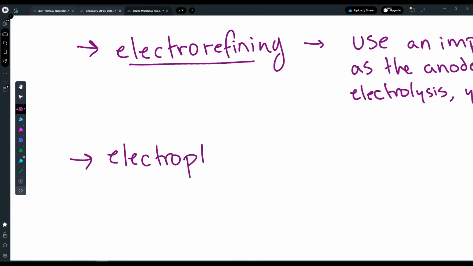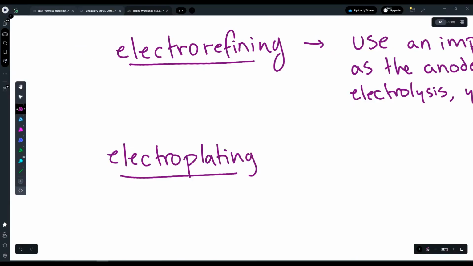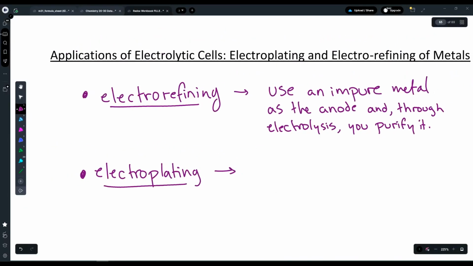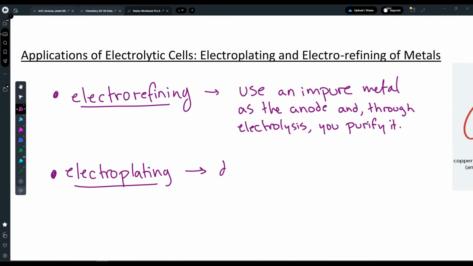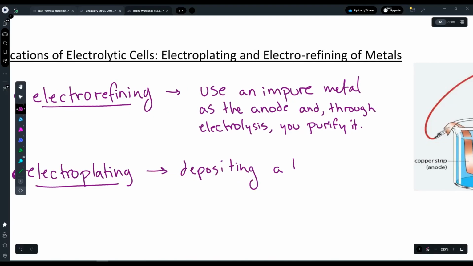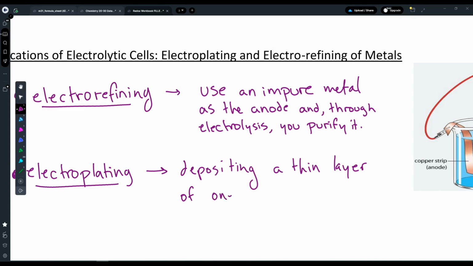So electroplating is depositing a thin layer of one metal onto a piece of another metal.